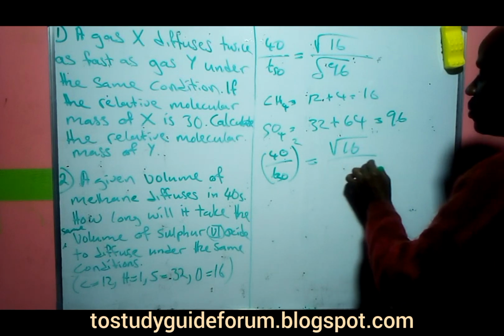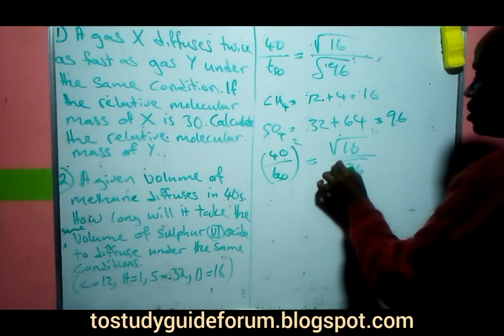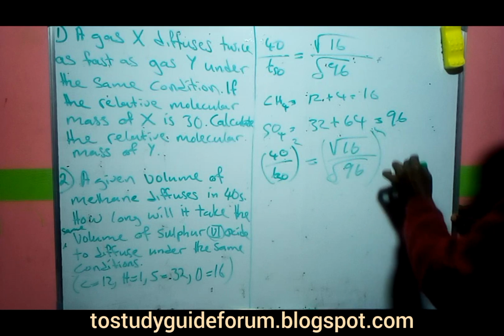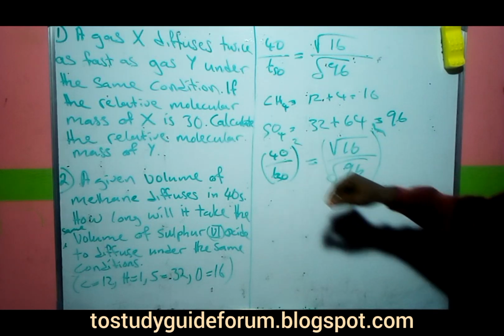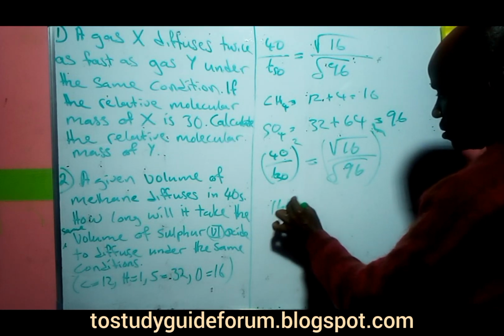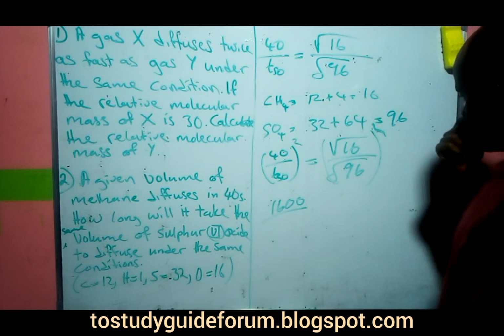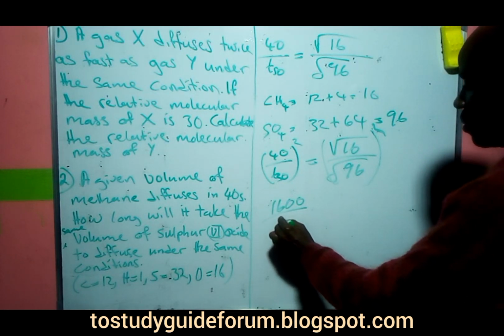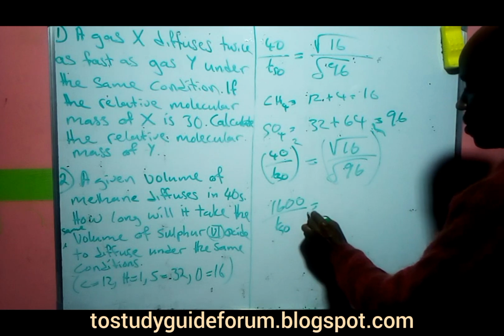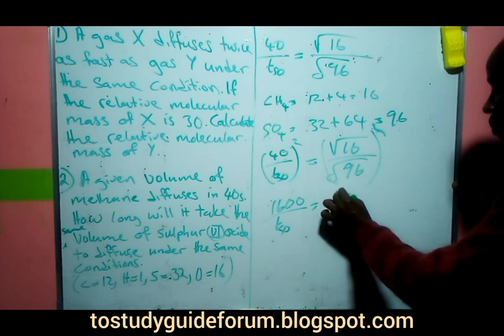Why are we squaring? We are squaring to remove this square root. If we square both sides, this one will give us 1600, and then this other one will open.